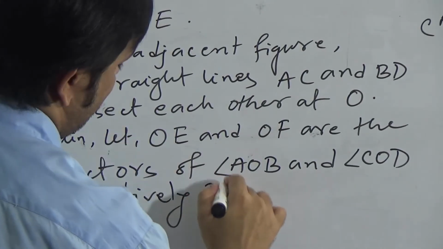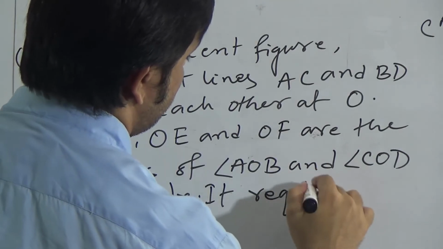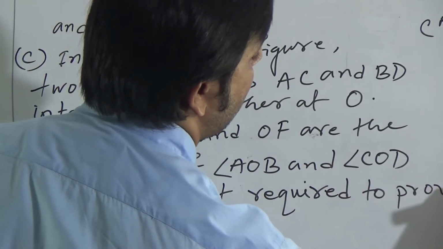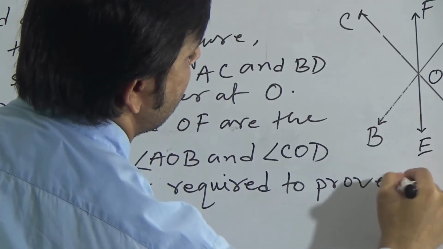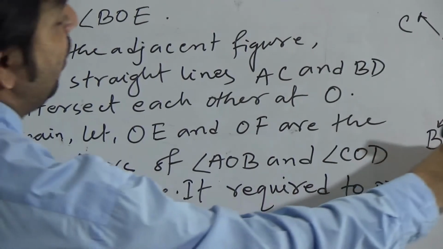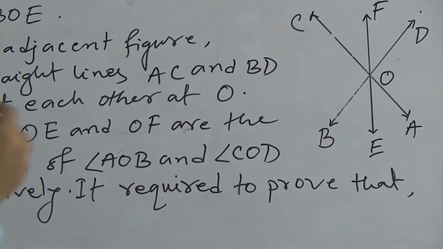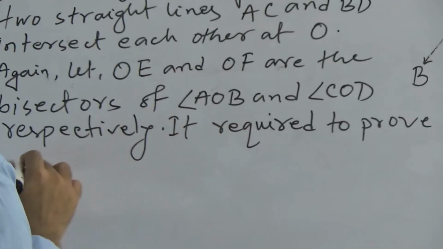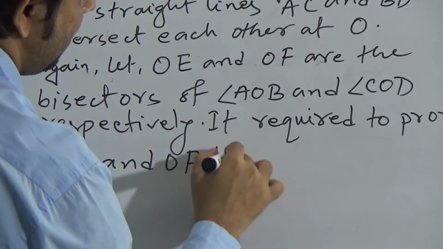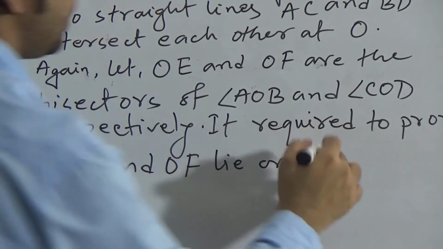It is required to prove that the bisectors of angle AOB and angle COD lie on the same straight line. It means that it is required to prove that OE and OF lie on the same straight line.